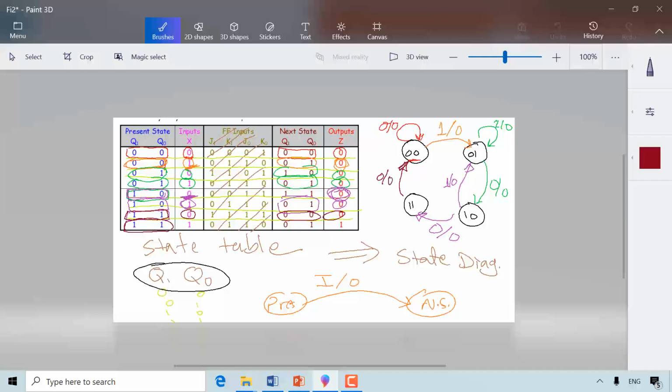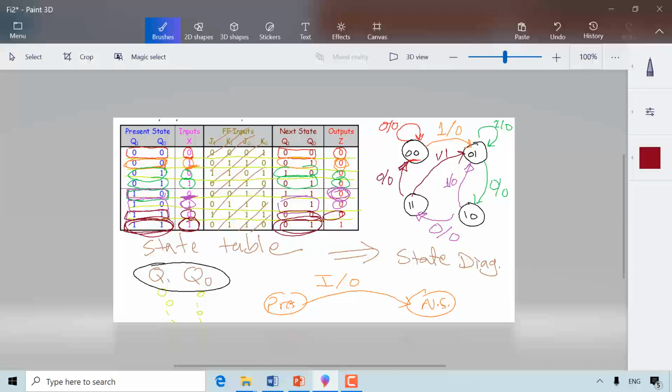And when the state is 1, 1 with an input of 1, where do we go? We go to state 0, 1. Here is the state 0, 1. What's the output? 1. Whoops, let's clean this a little bit. So an input of a 1 and an output of a 1.